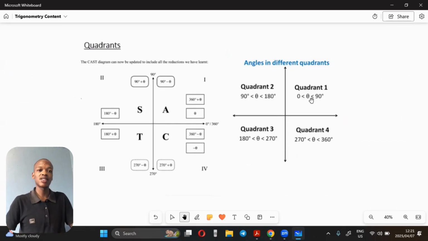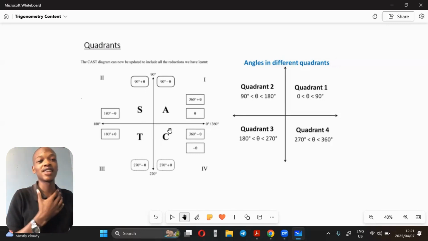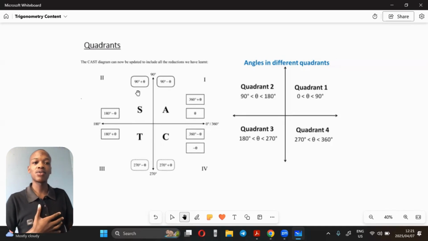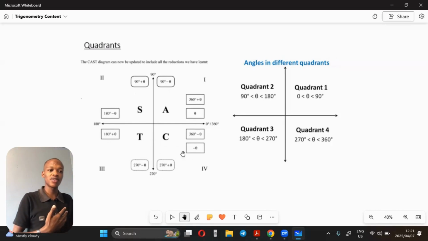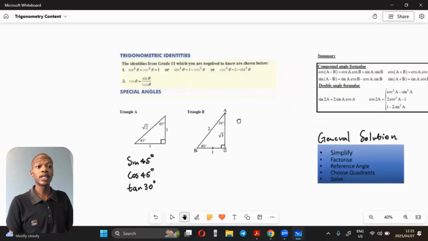For quadrants, they use a CAST diagram in order to apply reduction. In this CAST diagram, A, S, T, C: All Students Take Coffee. They usually make use of that mnemonic. In quadrant 1, when we are using a reduction, it's 90 minus; quadrant 2 is 90 plus or 180 minus; and then quadrant 3, and so on, as you can see there. Make sure you familiarize yourself with that.